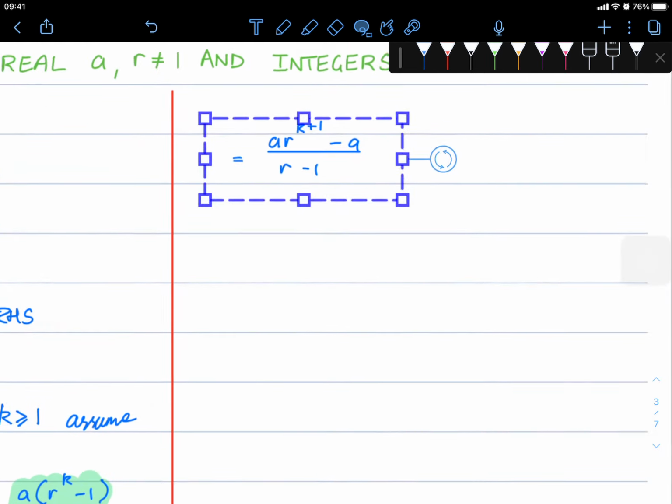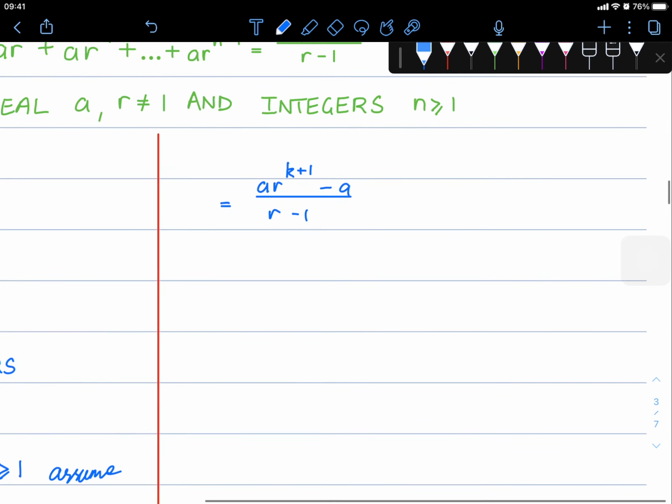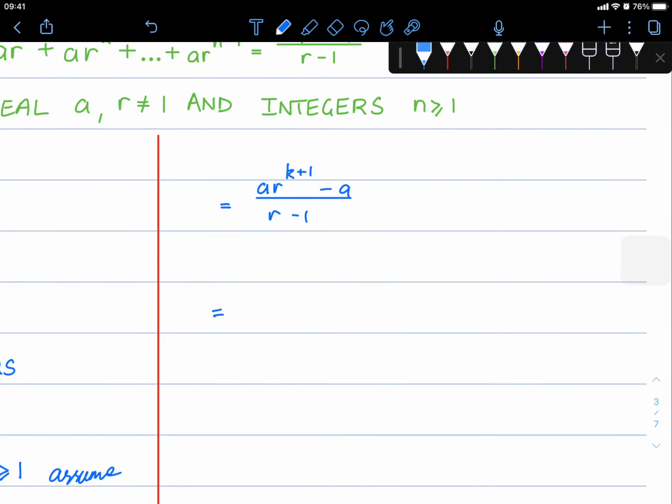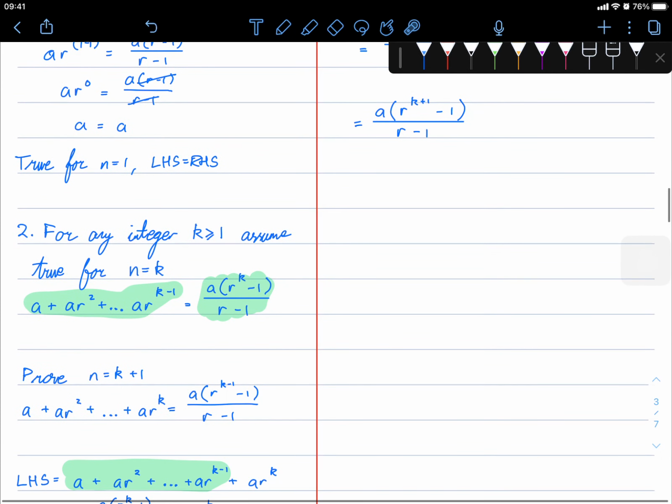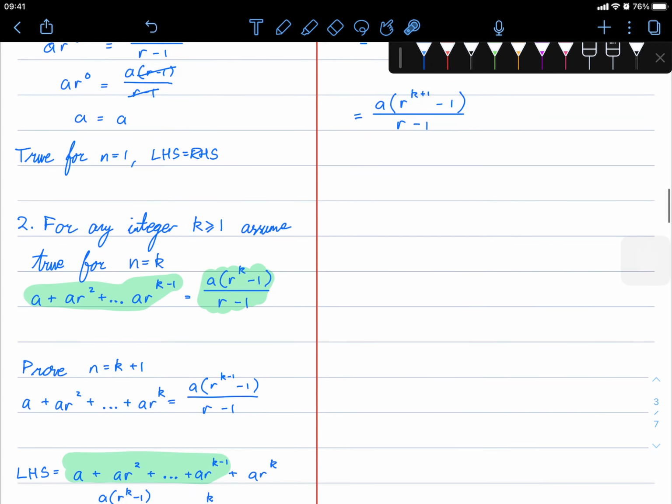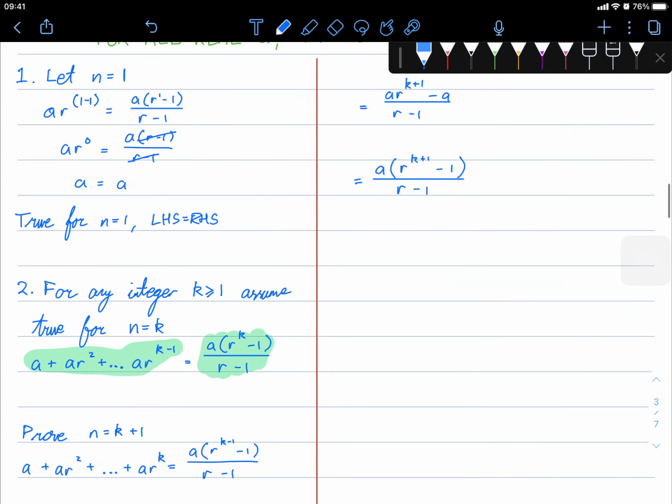So continuing from here, we're going to factor out the a, giving a times r to the power of k plus 1 minus 1 over r minus 1. And that there, if you take a look, since all of this was done from manipulating the left hand side, we've made it look like the right hand side. So this is now equal to the right hand side.